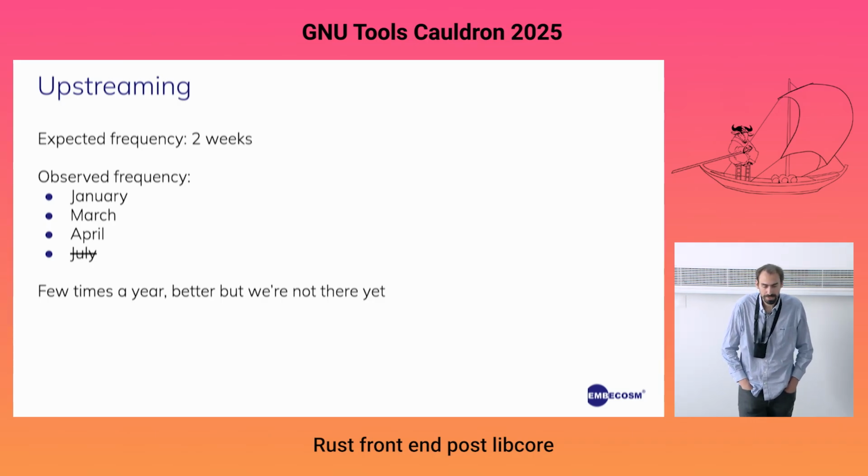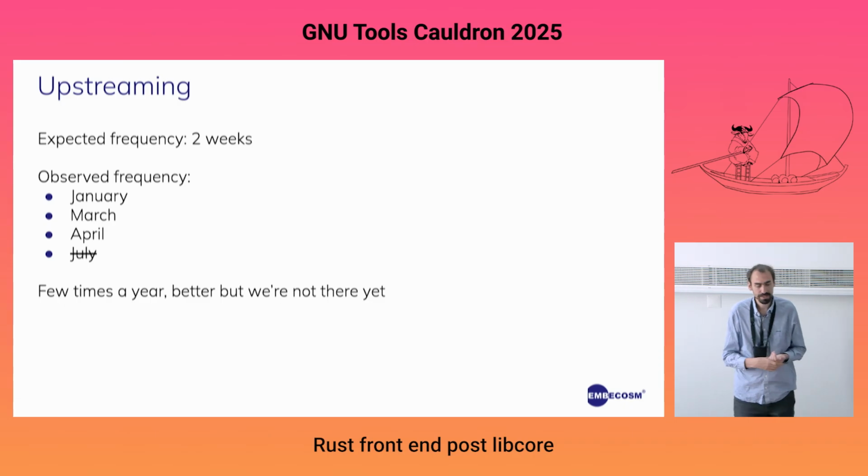So we said last year that we would upstream every 2 weeks. And as you can see on the slide, there are not 2 weeks between January and March. There's a little more than that. So we kind of failed on the objective. But we've improved our process to automatically handle some parts of the upstreaming process, and now it will be a little easier.